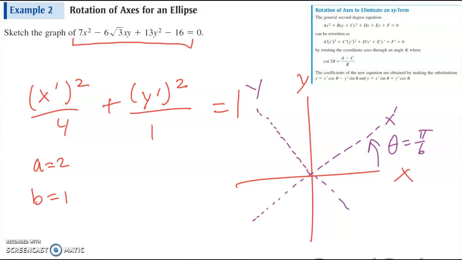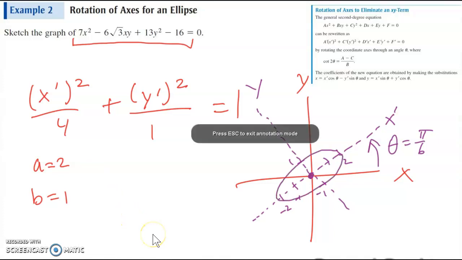As you can imagine, you can extract all the information. It's going to be at the origin, a is equal to 2, and it's going to open more along the x: go 1, 2, 1, 2, and up 1, down 1. So it's going to look something like this. Rotate it.